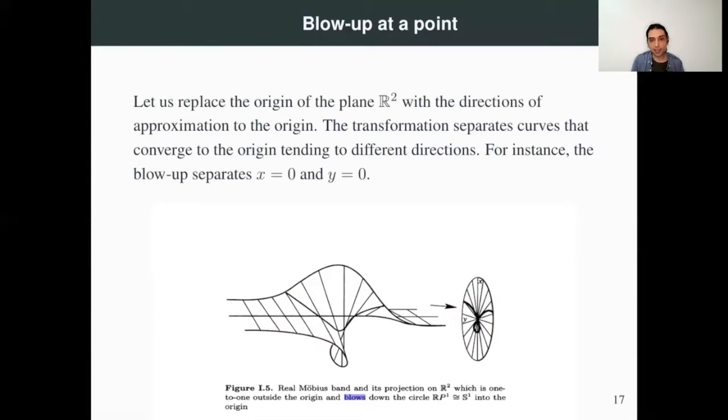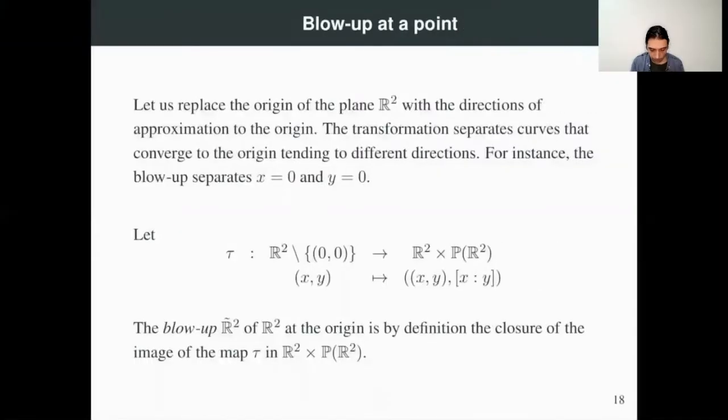Okay, but this is something that is nice to discuss, but how do we properly define this manifold, the blow up of the plane at a point? So what we are going to do is consider this map from the complement of the origin in the plane to the product of the plane and the real projective space of dimension 1, which is indeed a circle.